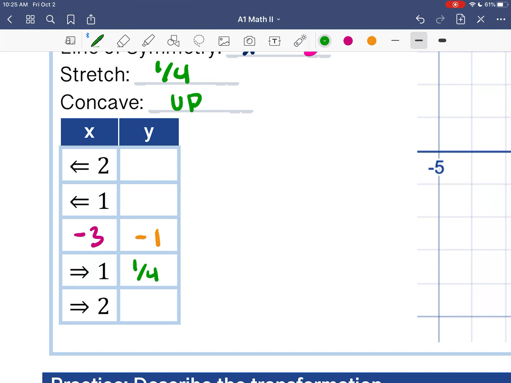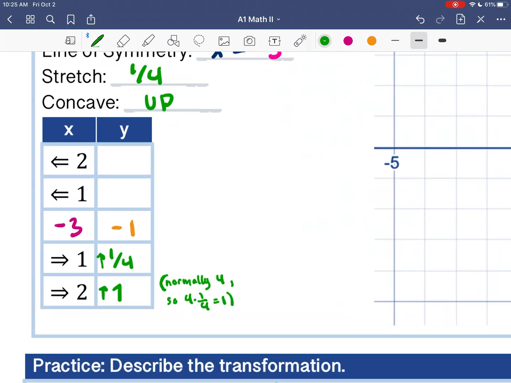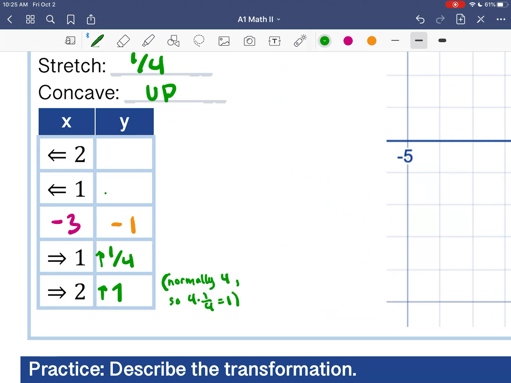That's our standard. But since we are doing a 1/4 of that, it's only up 1. So normally 4 times a 1/4 makes 1. That's where I got that. And both of these are up because the concavity is up. And this is just copied on the other side.